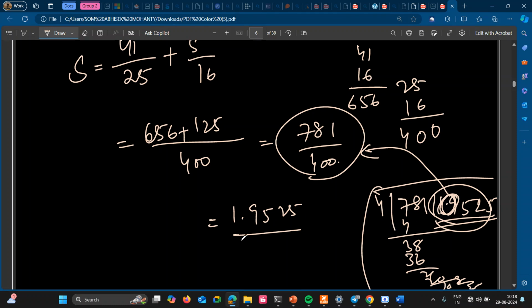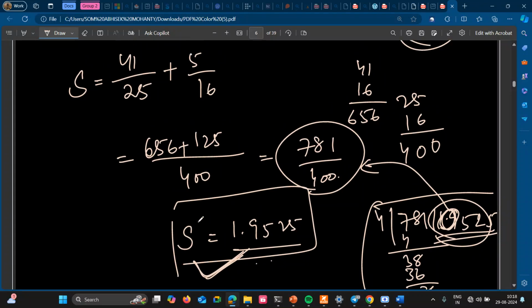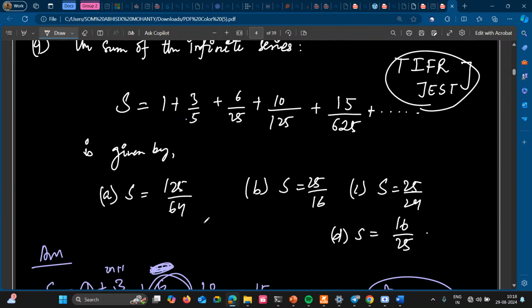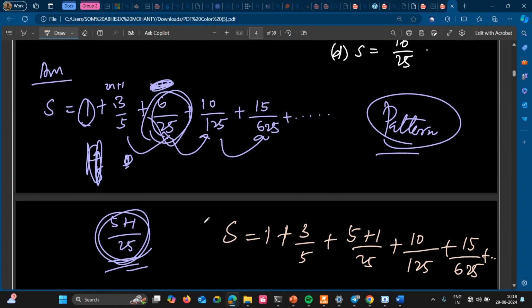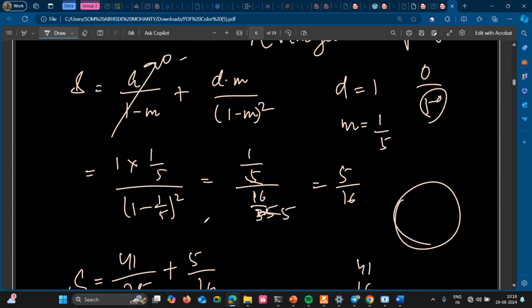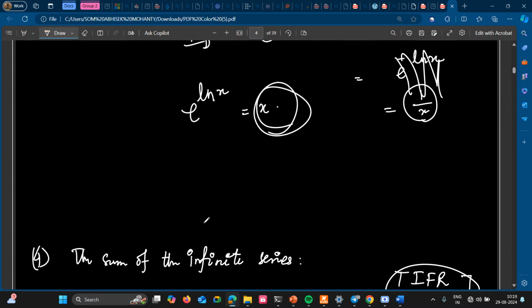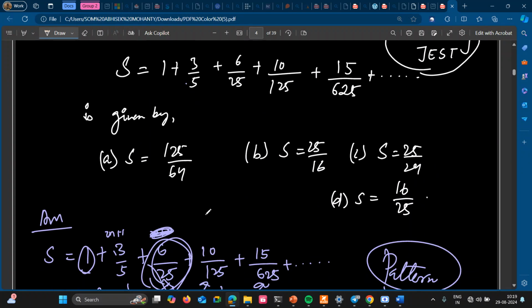Okay, this is the answer. Was it in the options? What are the options? I forgot. What did you get? 781 by 400. You have to simplify it, or you can check the 1.9 thing everywhere.